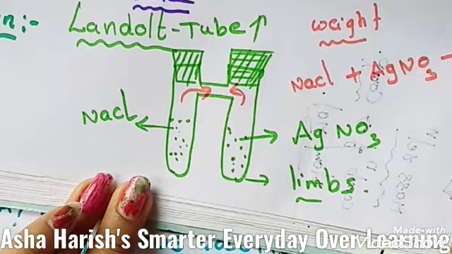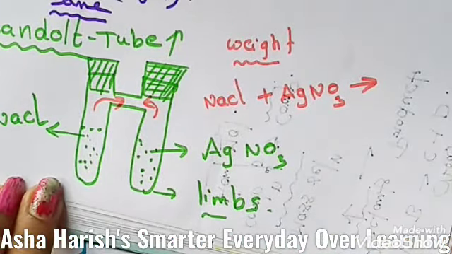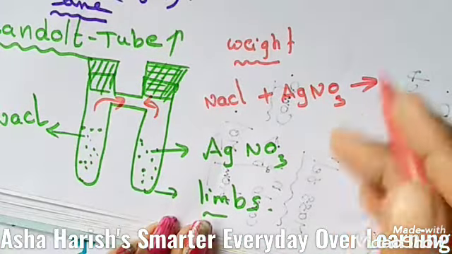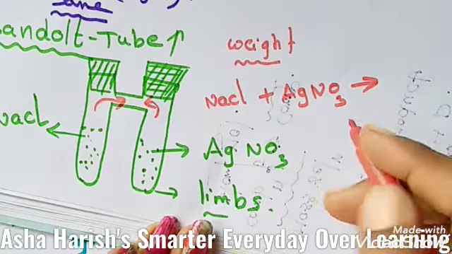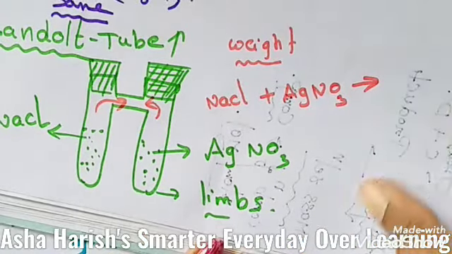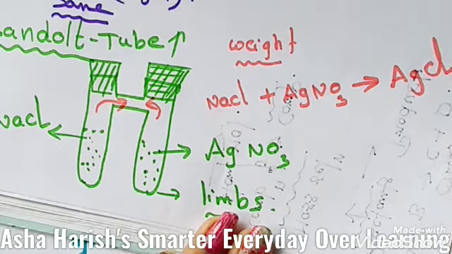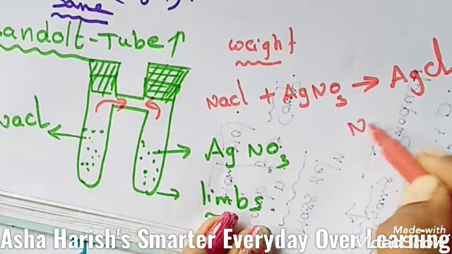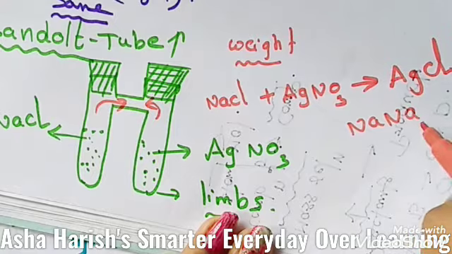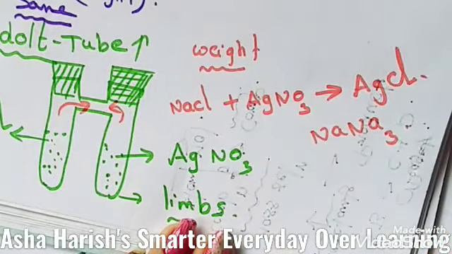As a result of the chemical reaction, a curdy white precipitate of silver chloride, AgCl, is formed, along with sodium nitrate, NaNO3.